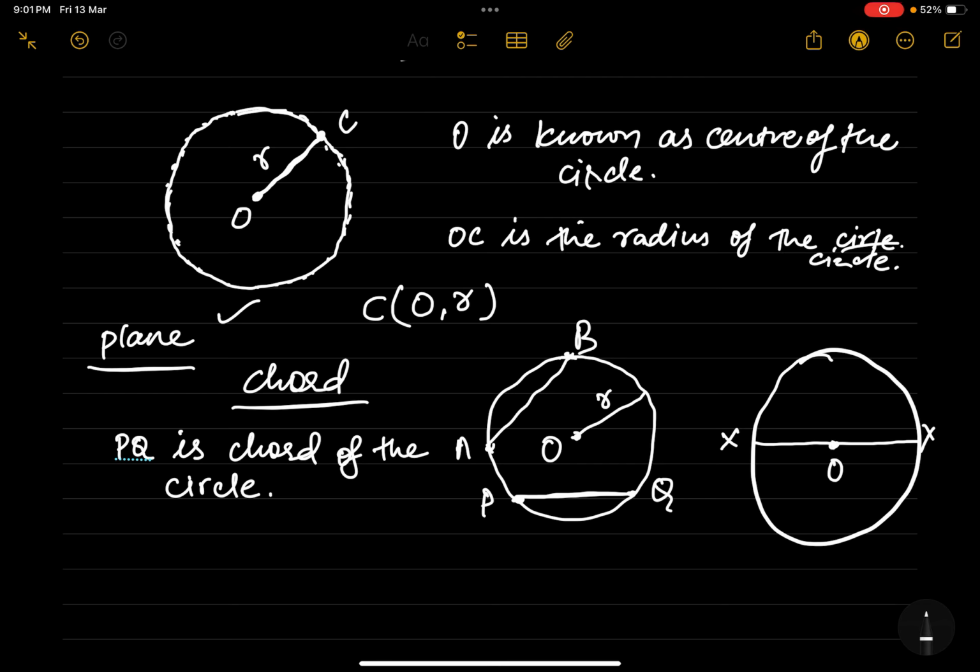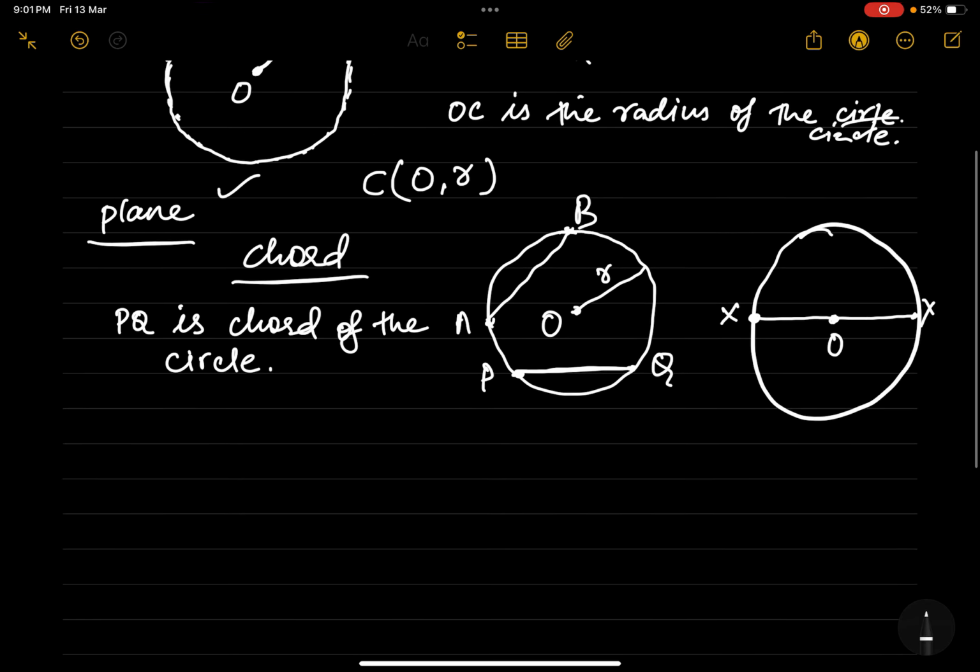This XY is also a chord because it is joining any 2 points of the circle, X and Y, but it has a special feature: it passes through the center of the circle O. So we should give this chord a special name.